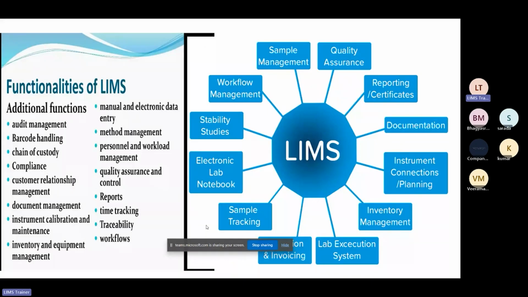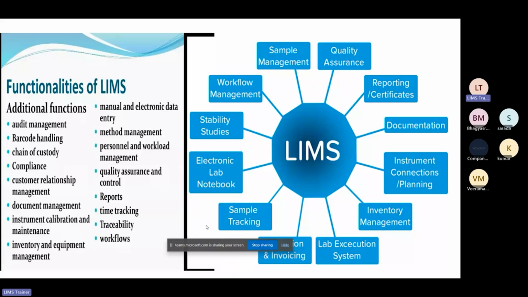Then the compliance level will be very high when we are using laboratory information management. Then the customer relationship management, which comes in clinical trials and hospital management. Then the document management, all the documents that were generated will be available in the laboratory information management.